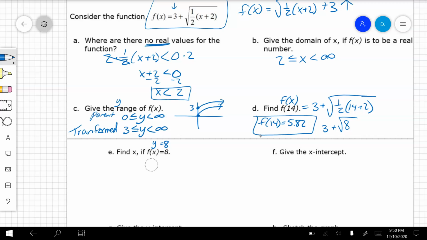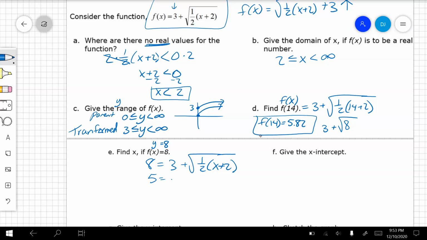So I'm going to go ahead and just rewrite the function. Alright, what we're going to do next is substitute instead of f of x. We know now they told us it's 8. Next step, we're going to subtract 3 from both sides.